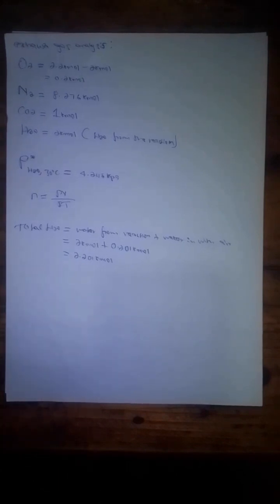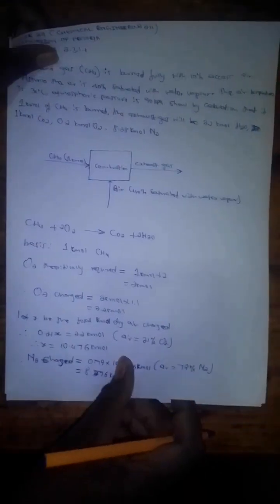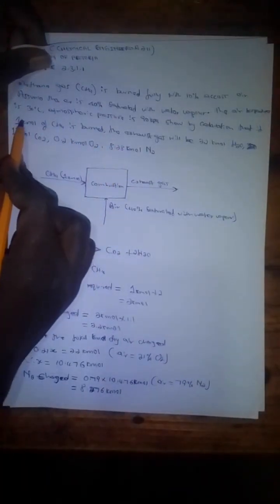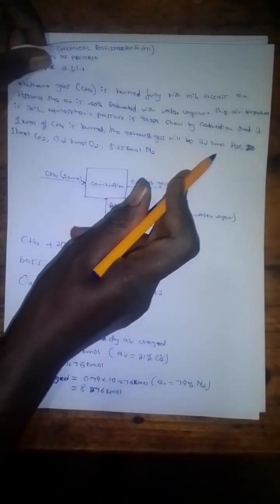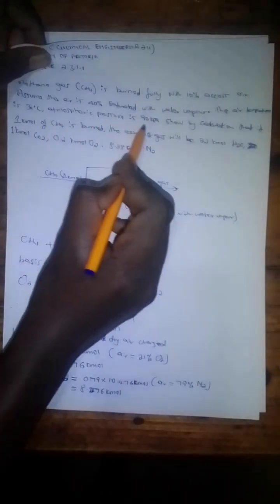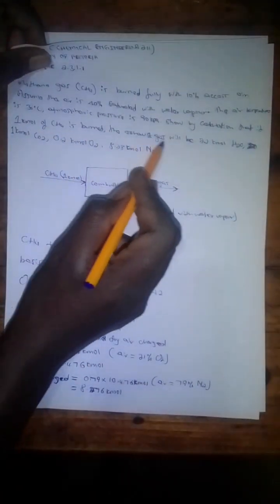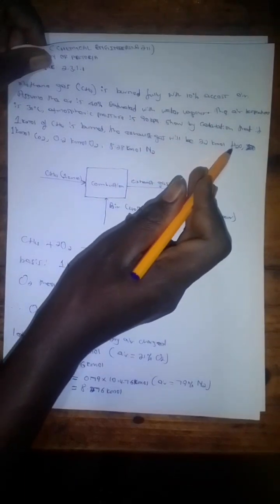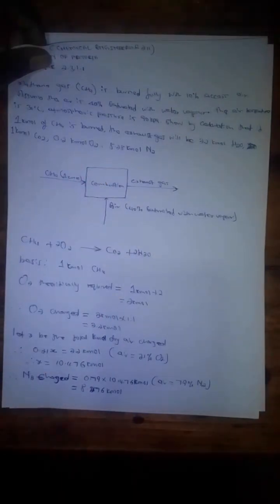The question says to show by calculation that if 1 kilomole of methane is burned, the exhaust gas will be 2.2 kilomole H2O, 1 kilomole CO2, 0.2 kilomole O2, and 8.28 kilomole N2.